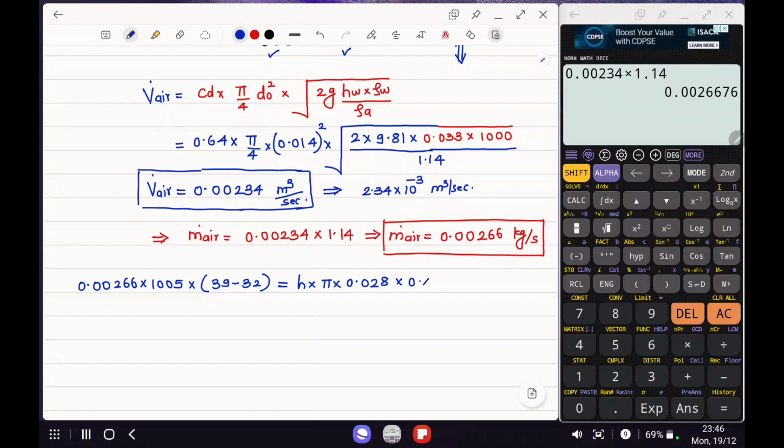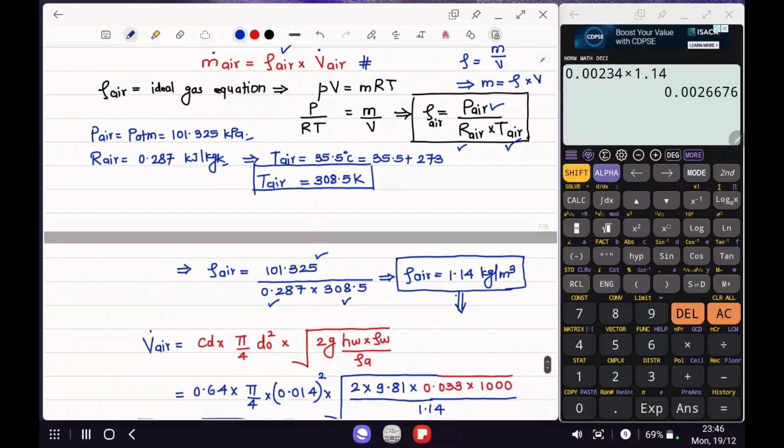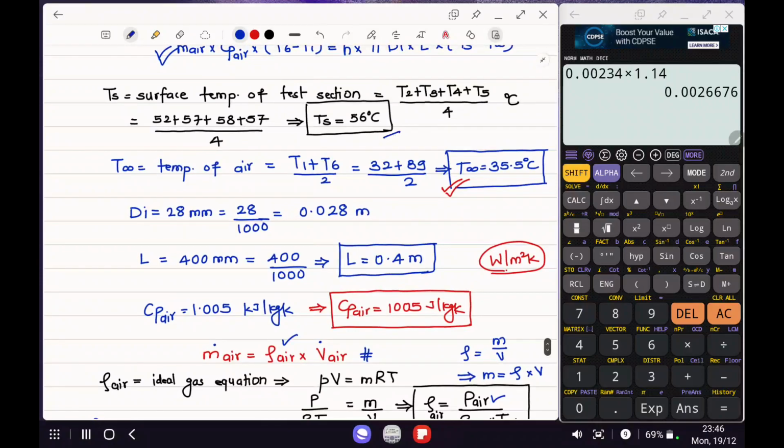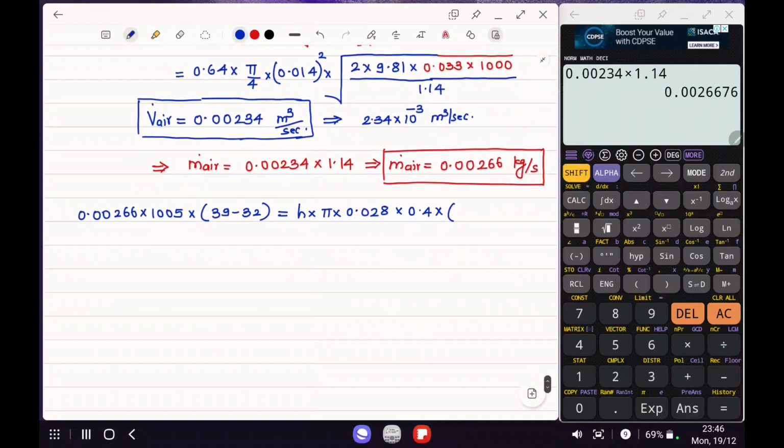The length of the pipe is 0.4 meter into Ts minus T infinity, the surface temperature Ts, we just calculated that. This is where the bracketing helps, 56 and 35.5. So Ts minus T infinity. You can take 1 minute to solve this. So the only unknown parameter here is h only.